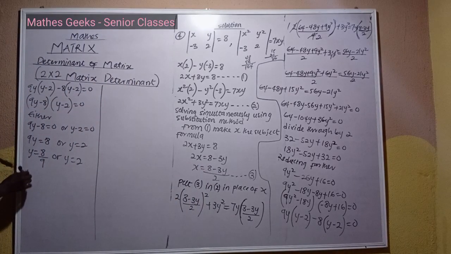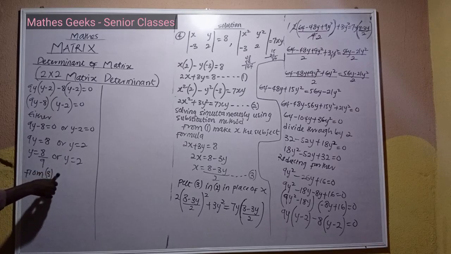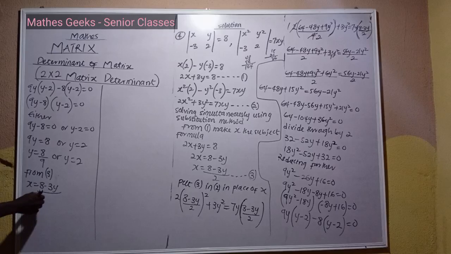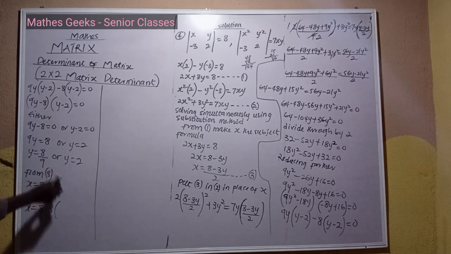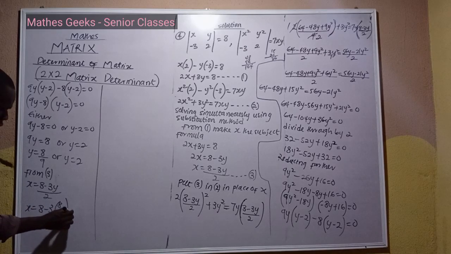So from equation 2, x is equals to 8 minus 3y over 2. x is equals to 8 minus 3 times y, where y is 8 over 9, all over 2.